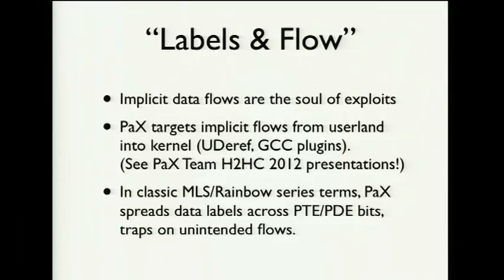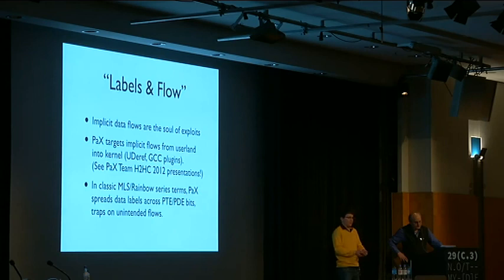And the same trick has also been used by PaX to detect implicit flows from user space to kernel. So usually if you have some sort of privilege escalation vulnerability or find a buffer overflow in the kernel, you want to get the kernel to suddenly start accessing code or data in user space in places where it shouldn't normally. The interface between the user and the kernel is rather restricted, and in Linux there's actually a bunch of macros that determine this very well.